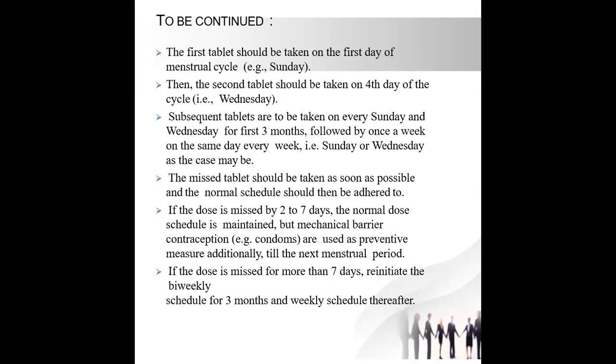The missed tablet should be taken as soon as possible and the normal schedule should then be adhered to. If the dose is missed by 2 to 7 days, the normal dose schedule is maintained, but mechanical barrier contraception like condoms is used additionally as a preventive measure till the next menstrual period.